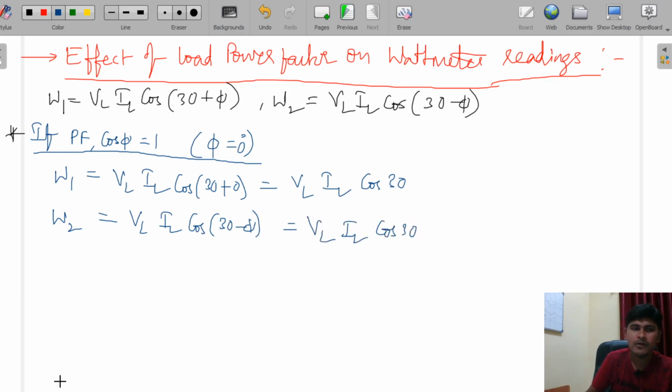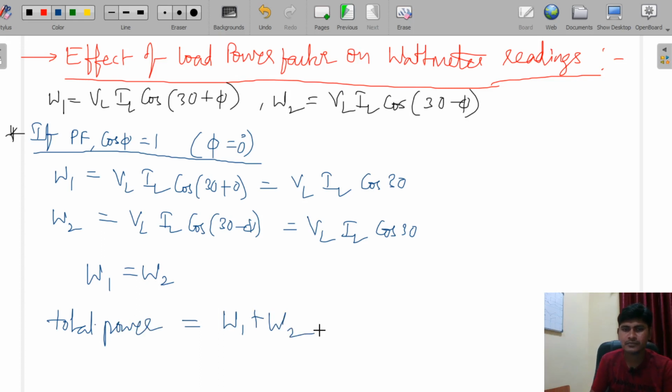Here W1 will be equal to W2. For unity power factor, both will be equal and you are going to have positive readings. Total power consumed by the load will be W1 plus W2, equal to twice W1 or twice W2.